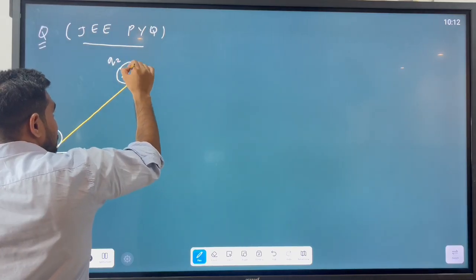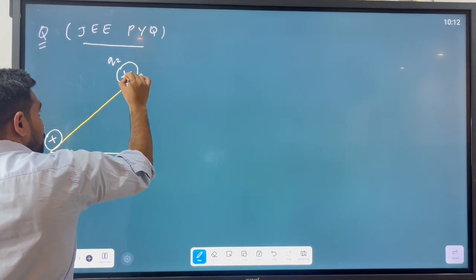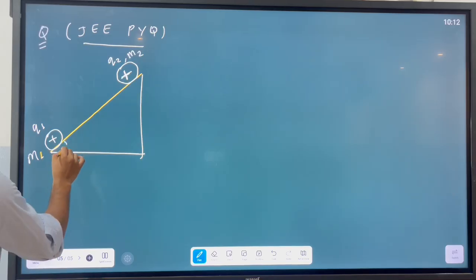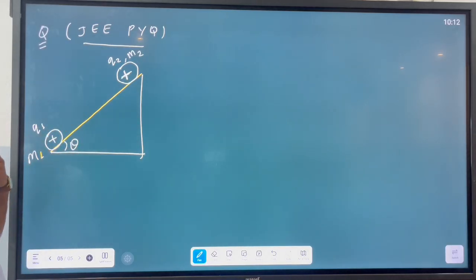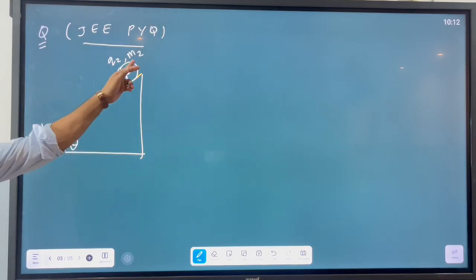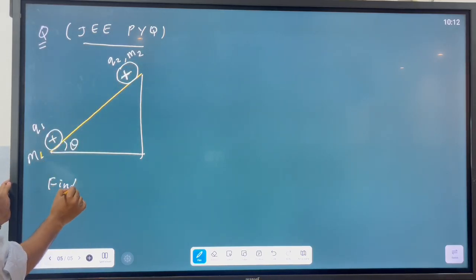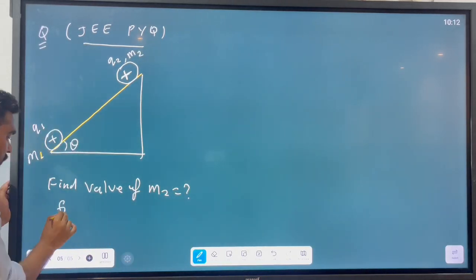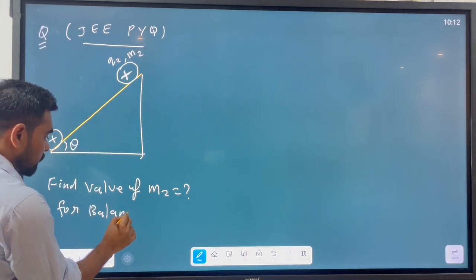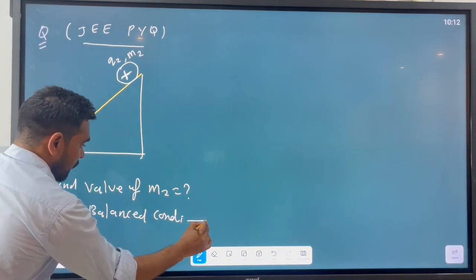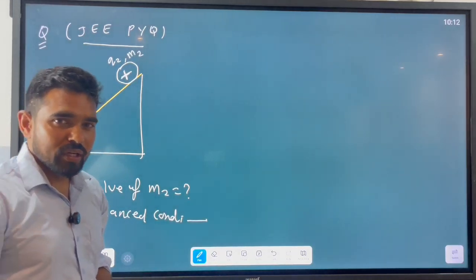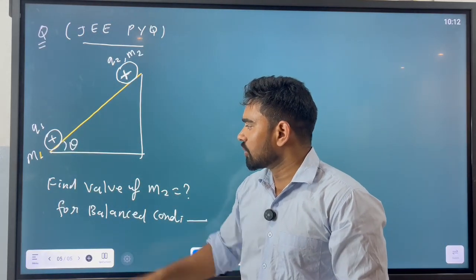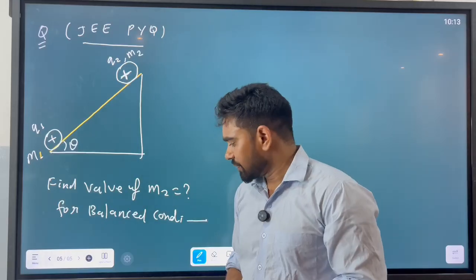The mass of this charged ball is m2, the mass of the other charged ball is m1, and this is the angle of inclination. Find the value of m2 for the balance condition. How do we calculate the mass of the second charged ball according to the given situation?